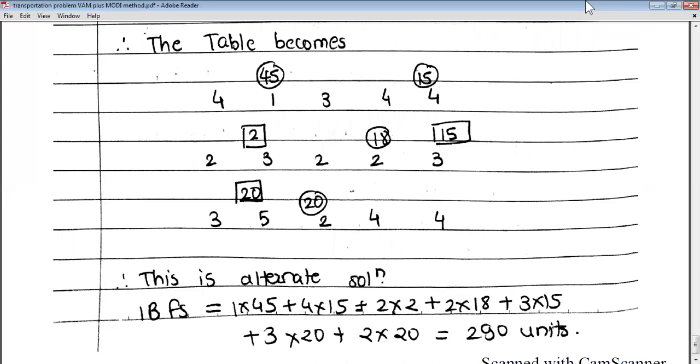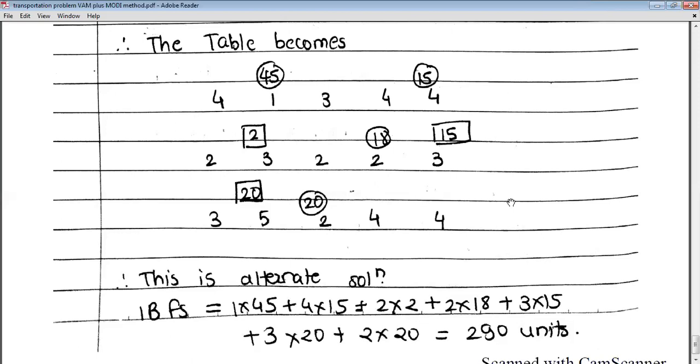In order to draw the closed loop, we have to find the NCC with the minimum value, and we have to draw a closed loop which should start from the water square and should intersect or cover stone squares at all the edges. After that, you need to allocate plus minus signs alternatively, and you have to find the least value at the negative signs.